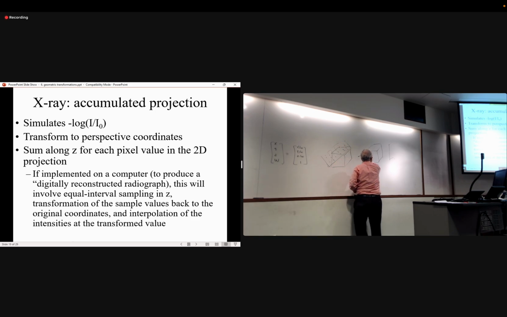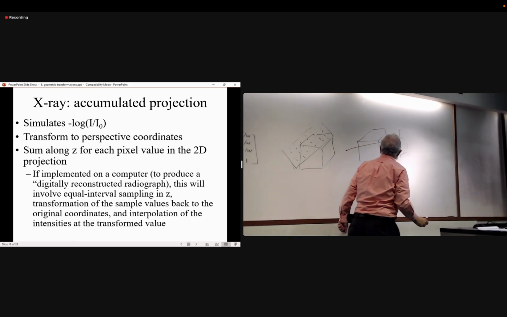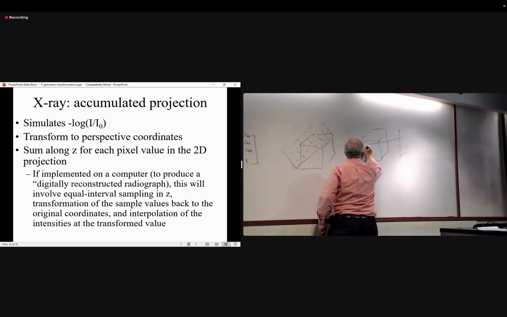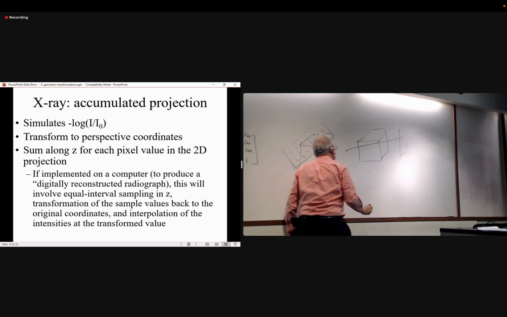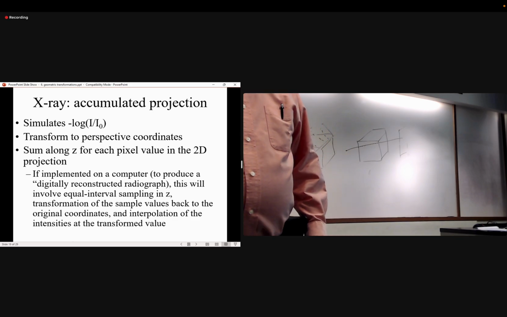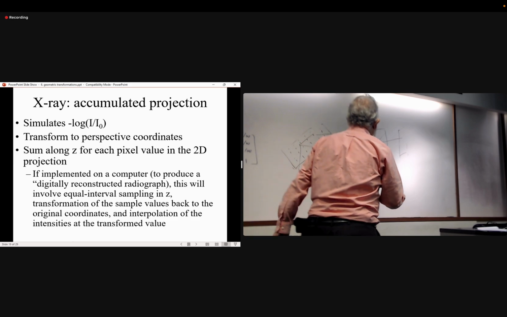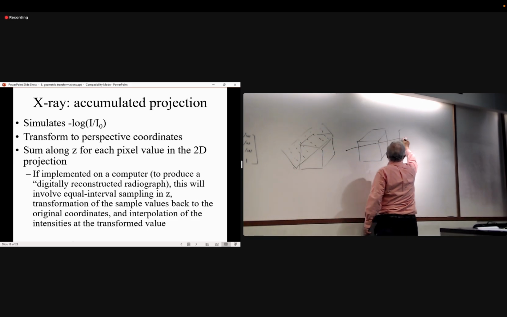And what we're going to do is run rays from the camera onto this view plane, and accumulate all the intensities there. That is to say, add them all up, right? And put that sum over here.